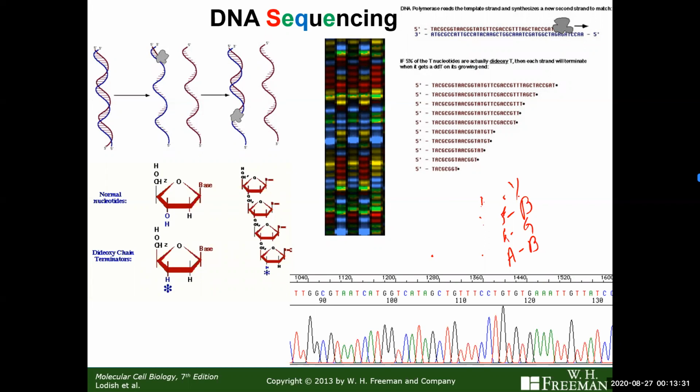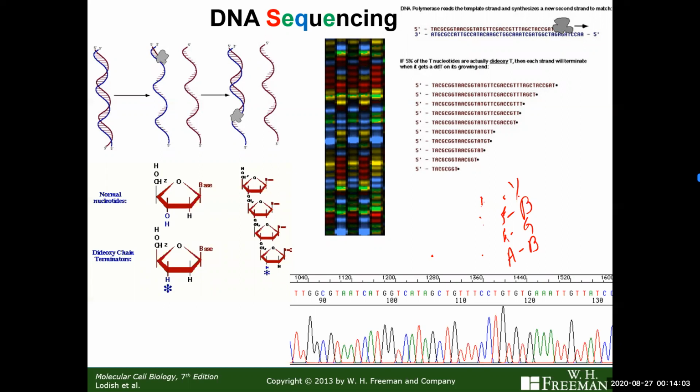But you no longer need to do 4 different tubes. You can do it all in one single tube, because you will know where the reaction stopped based on the color of the product. The color comes from the fluorophore, and the fluorophore is only with the dideoxynucleotide. So wherever a dideoxy has been incorporated, that's where it will stop, and that's what will give you the color.